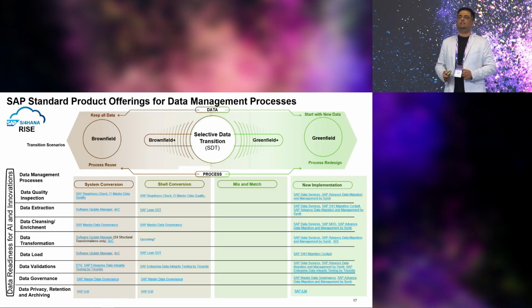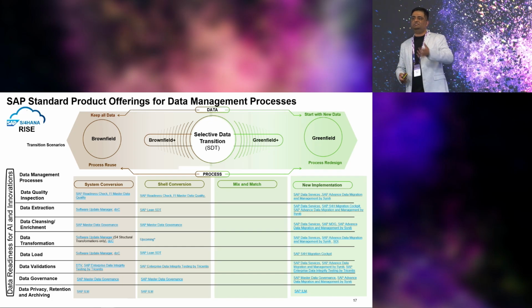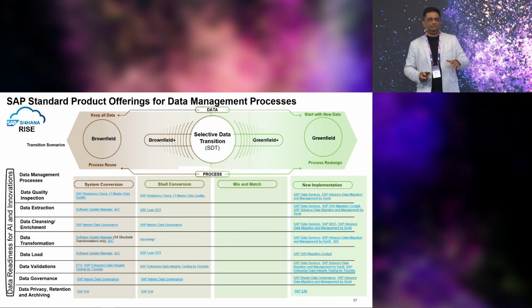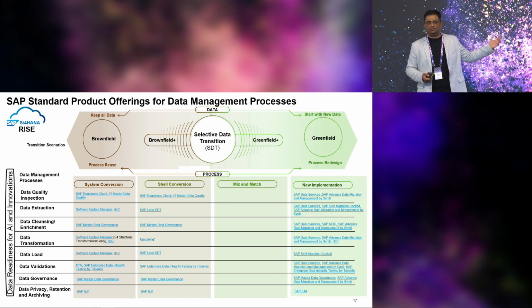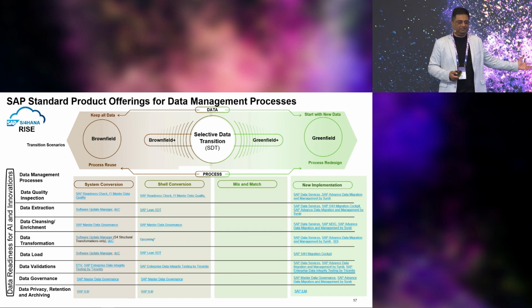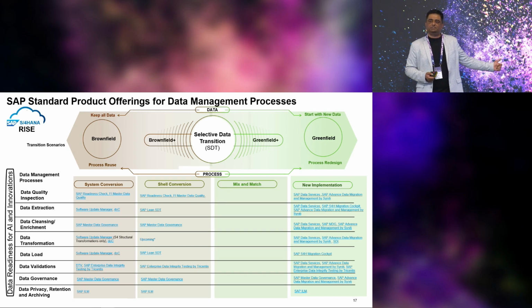What we have on this slide is a list of all standard capabilities that SAP has, mapped to the transition scenarios that we spoke about. This has been listed down into different dimensions for data management processes, from data quality inspection, data extraction, cleansing, transformation, verification, governance, and all the way to system decommissioning.